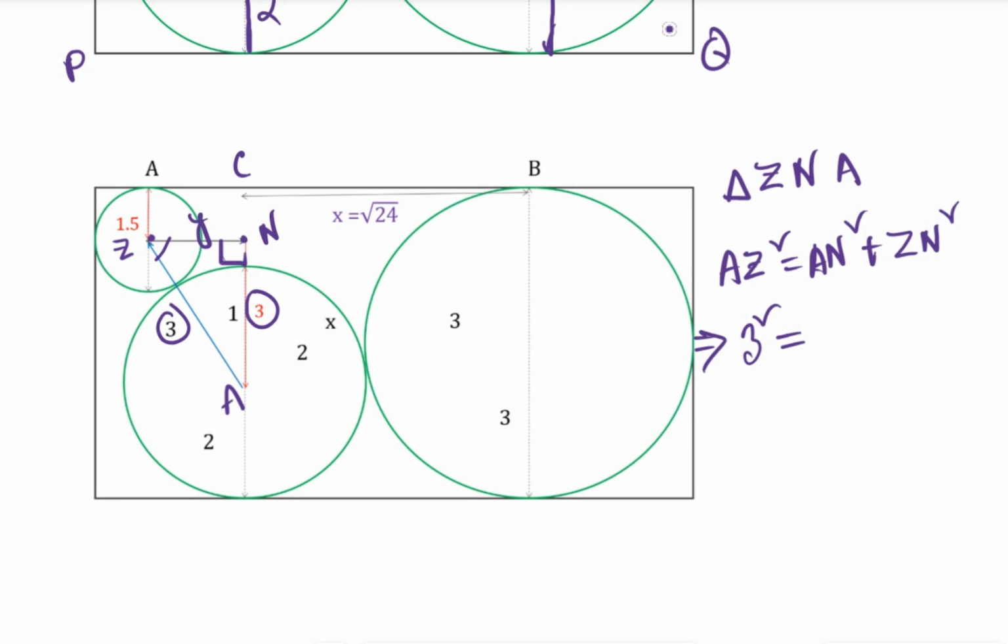AN is also 3, plus ZN, let's say Y square. So Y square equals 9 minus 9. So there is no value for Y, which is actually not possible for this image.